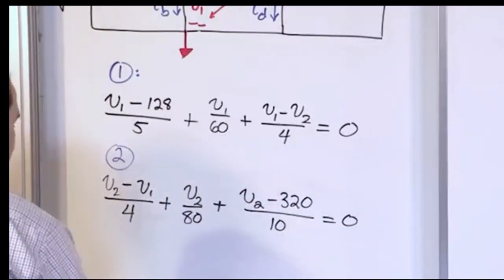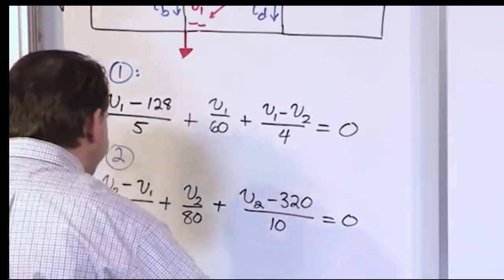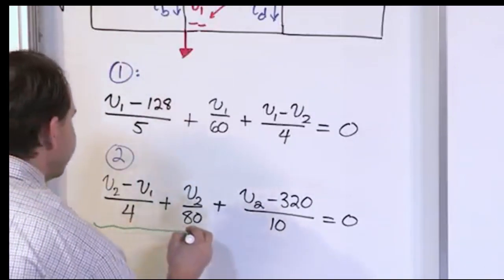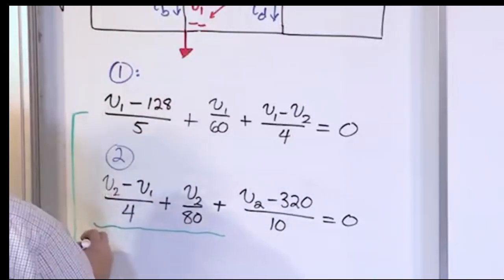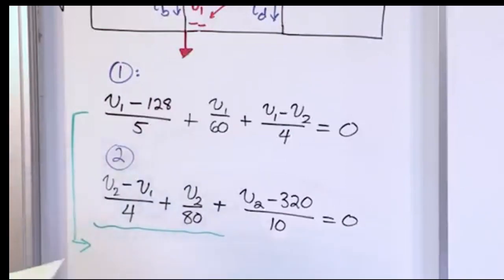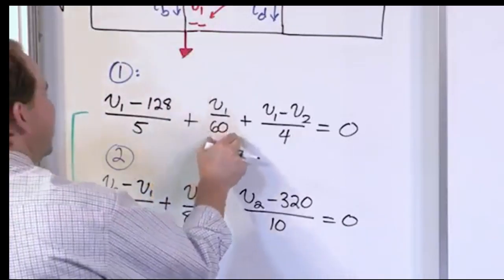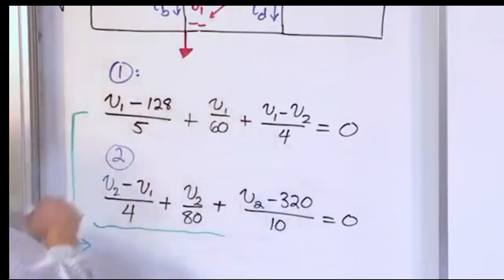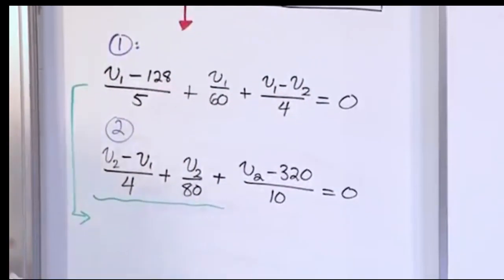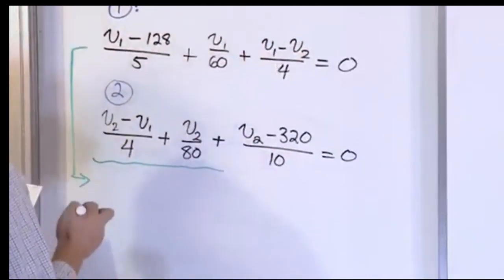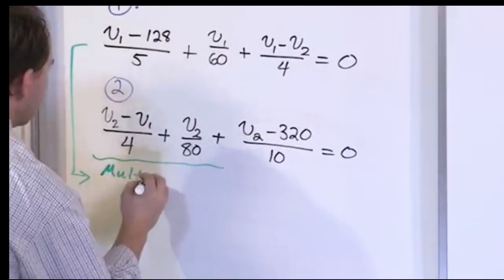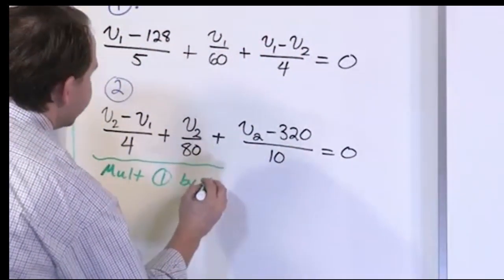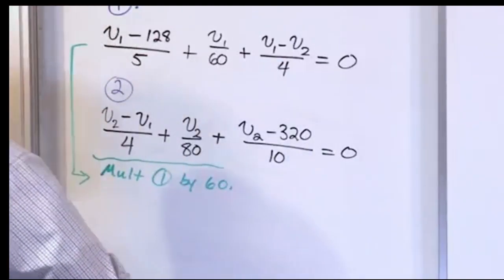So what we're going to do now is work with equation number 1. Let's simplify it. What can we multiply by? What do you think? Let's multiply by 60. Because if we multiply by 60, it's going to wipe this out, and it's going to wipe the other things out too. So we multiply the top equation by 60. We'll multiply 1 by 60, right?